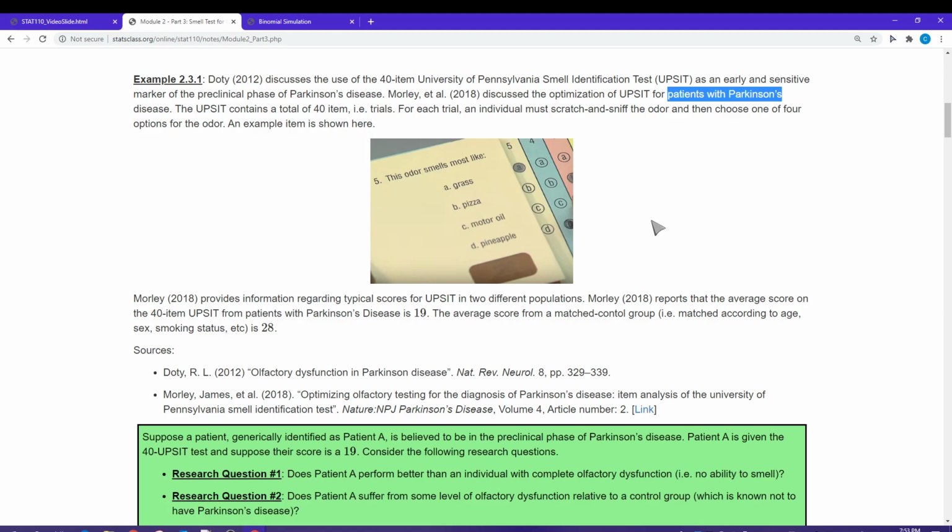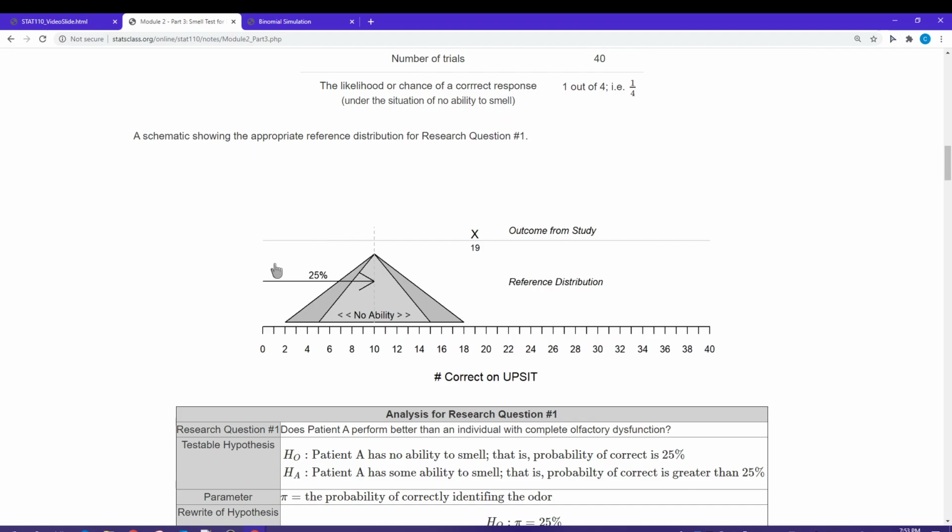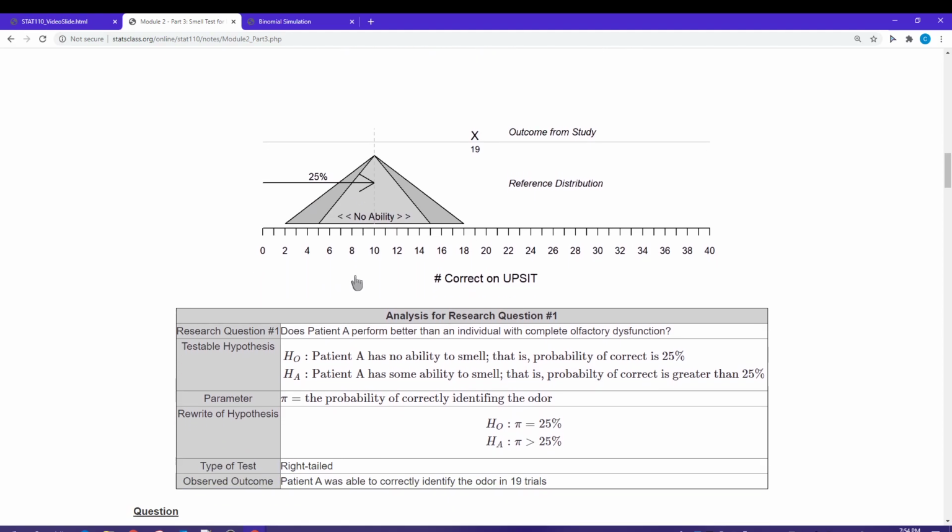So a person with no ability to smell has a 25% chance, or a 1 in 4 chance, of guessing correctly. That's what we're going to use to build our reference distribution. If somebody has no ability to smell, they're going to be 25% of the way up this number line. The expected value would be 10, because I have 40 items on this test, and it would be 1 out of 4 correct if they were guessing, so that's 10.